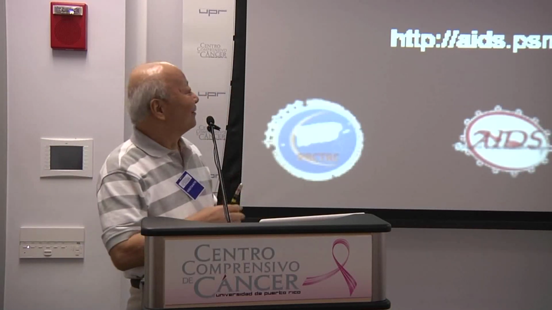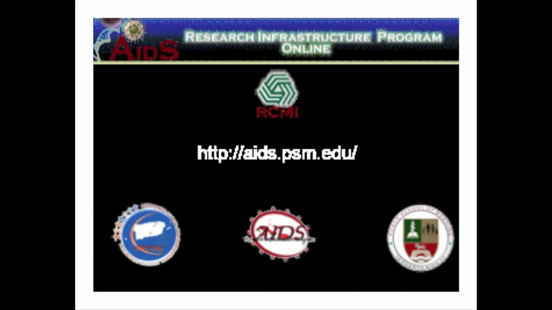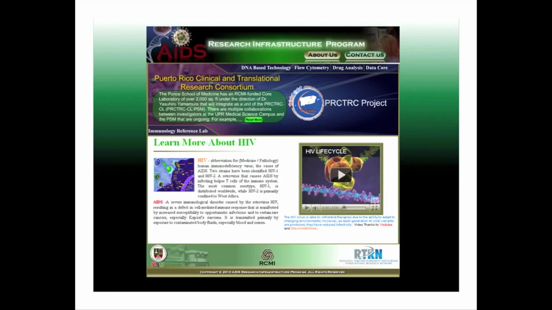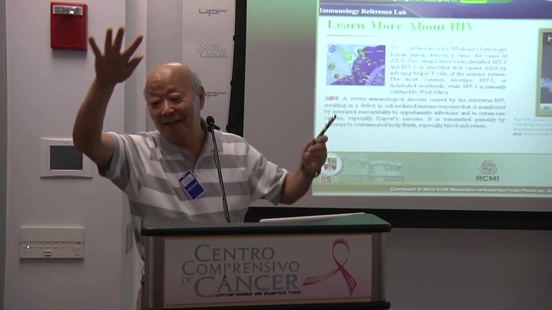For the PRCTRC, we prepared a new web page, which is going to be linked with the PSM EDU website. For example, for a future project, if you have an approved center project, how much is the charge going to be? You can click on the list.